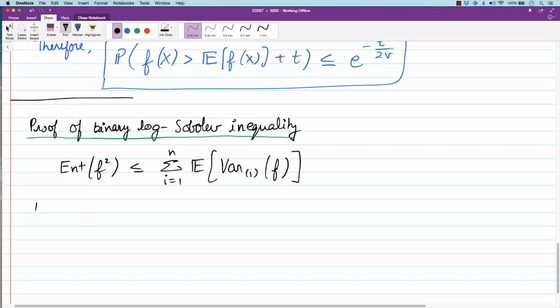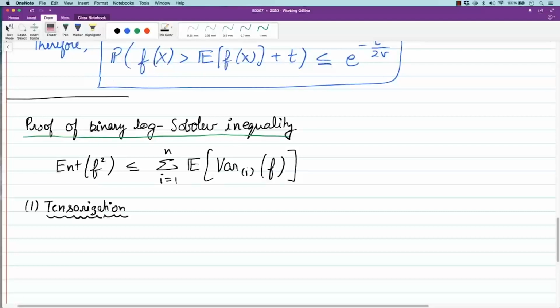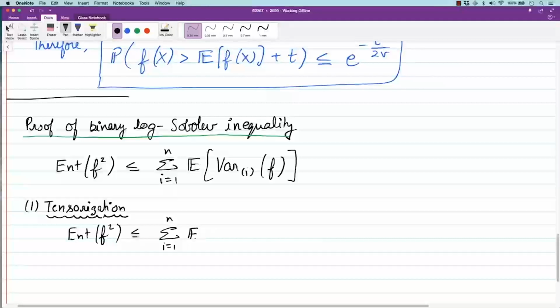So the first step is the tensorization step. By the tensorization of entropy, we note that the entropy of f square is less than or equal to the summation i equal to 1 to n of the expected value of the entropy of f square given everything but the ith coordinate.